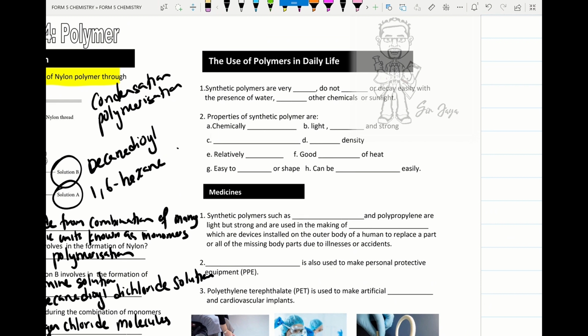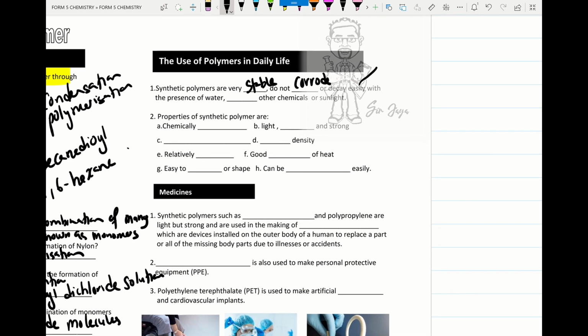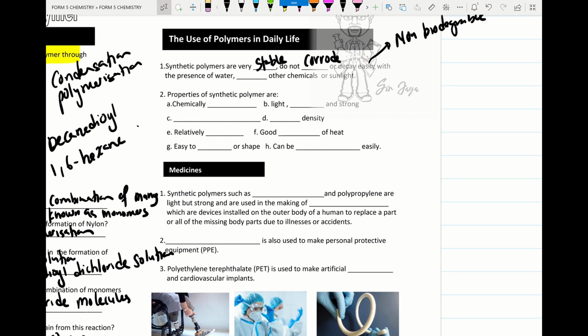Synthetic polymers are very stable and do not corrode or decay easily, and these polymers are known as non-biodegradable substances, unaffected by water, oxygen, other chemical substances or sunlight. Point number two, the properties of synthetic polymers.